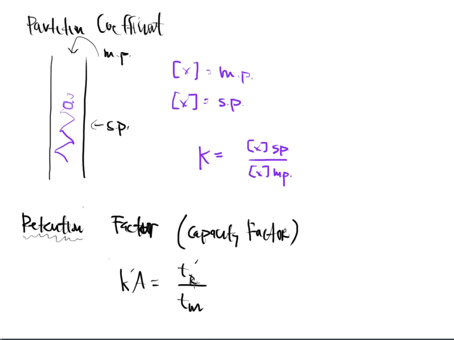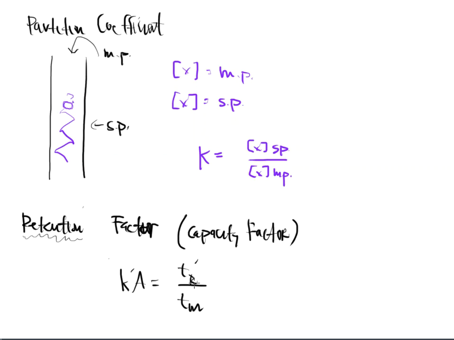So if you look at the big K and the little k, and you look at a numerator and a denominator, the template of that equation is very similar, but they are a little bit different. So we still talk about the mass in the stationary phase and the mass in the mobile phase, and we relate that to time instead of concentration. And that's what we call capacity factor or retention factor.